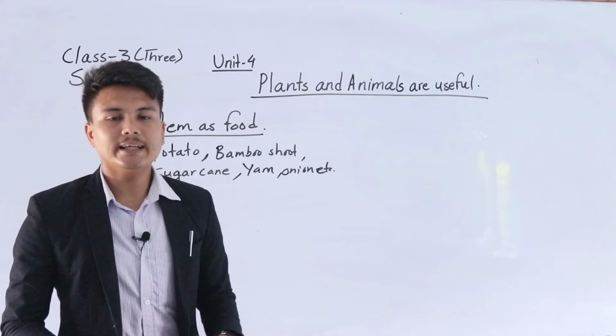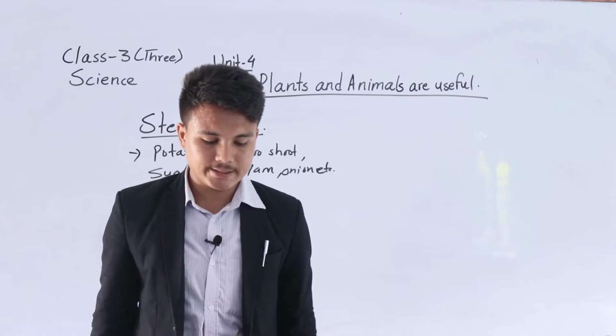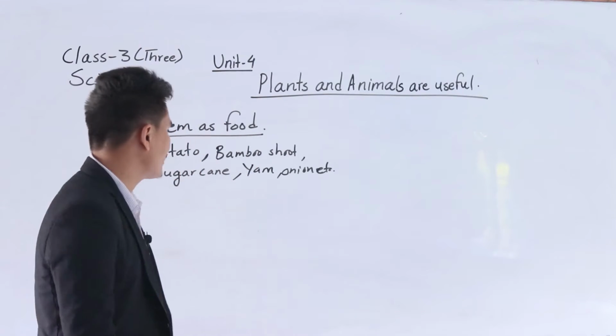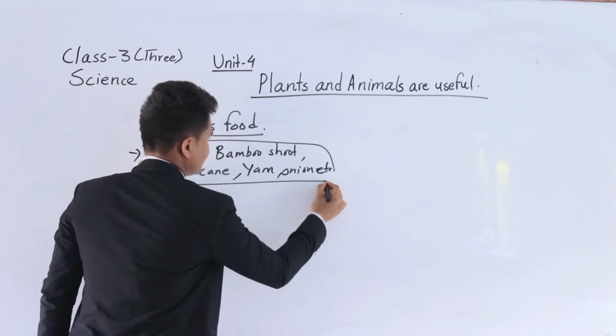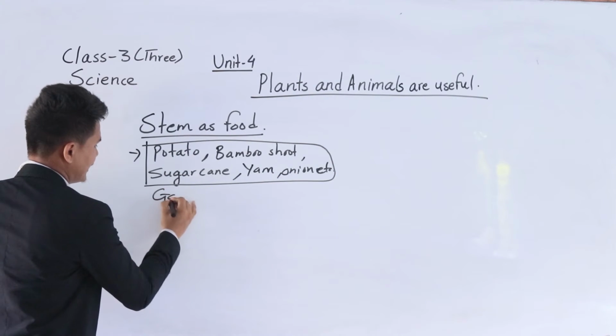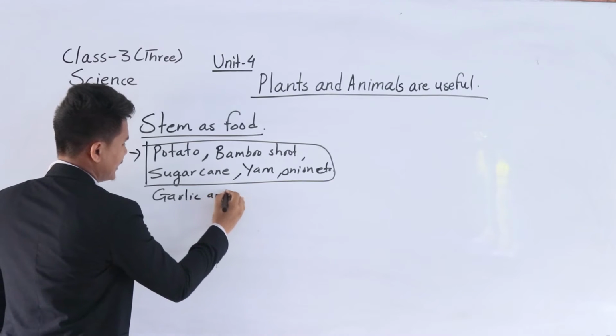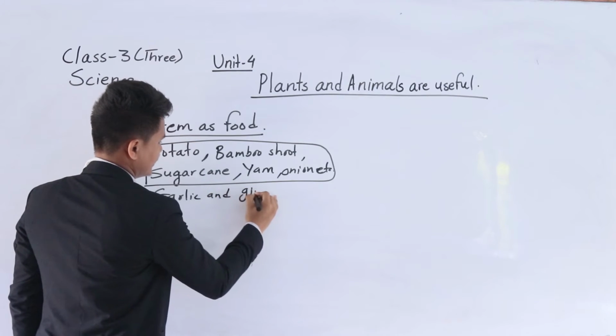So the garlic and ginger, which are used as spices, are also in this category. Garlic and what? Ginger. You can write garlic and ginger.